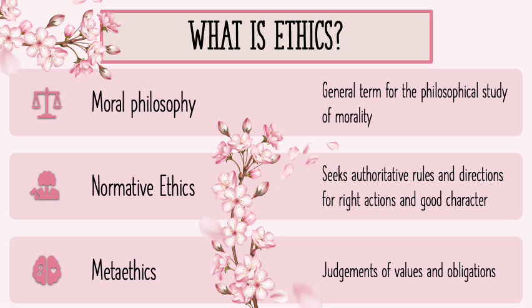While normative ethics is looking for rules and directions, metaethics is looking at judging values and obligations. It's investigating the origin of where these ethical concepts come from. Where do these ideas of what ought I do and what ought I be, what are they grounded in?